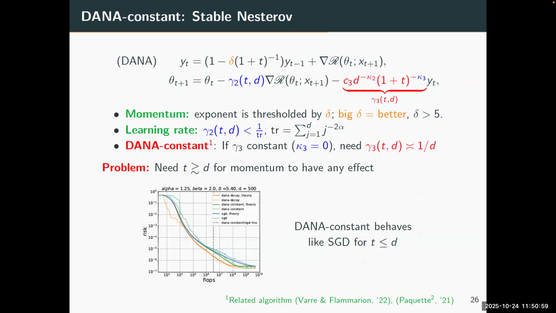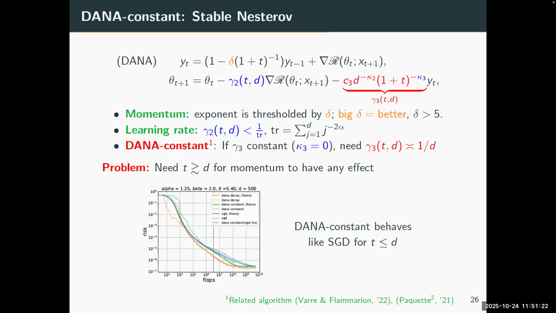Well, this learning rate is way, way smaller than this learning rate. So the problem is that for the first d steps, this thing is not doing anything. It's not helping you at all. Because this is like 1 over d, and this is like order 1, let's say. So you're just not doing anything.